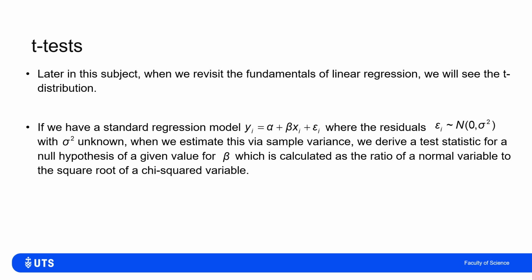If I don't know what the variance of those residual errors is, and I have to estimate it from a sample variance, I'm estimating it from effectively a sum of squared normals, so I'm estimating it from something which is chi-squared. So by the time I need to divide by the square root of the variance, I'm effectively dividing by the square root of a chi-squared. So I get to this t statistic in those cases.